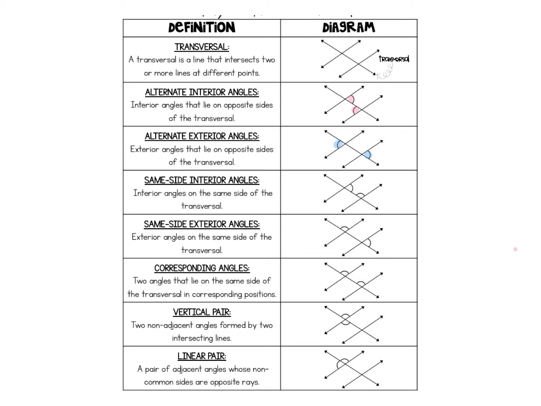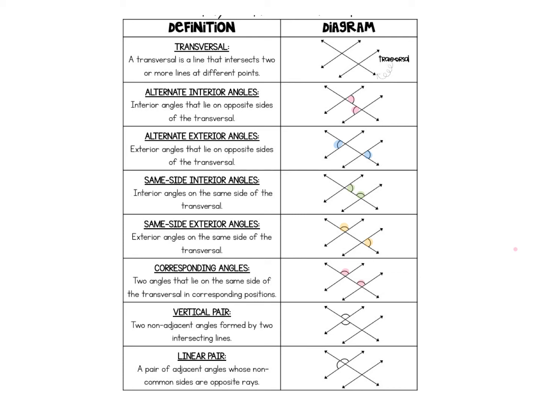Same side interior are on the same side of the transversal and inside the parallel lines. Same side exterior are outside the parallel lines on the same side of the transversal. Corresponding have the same position.